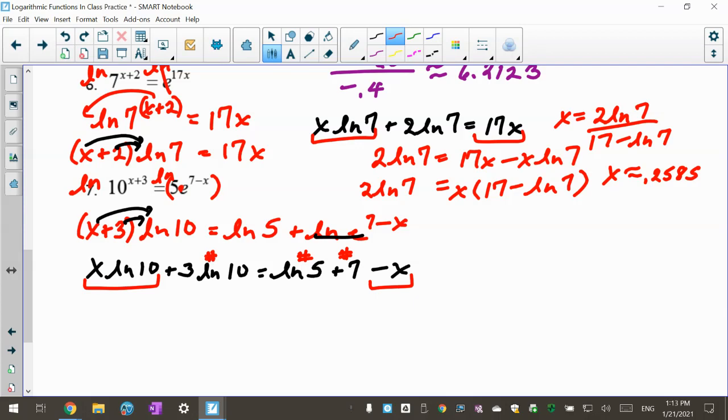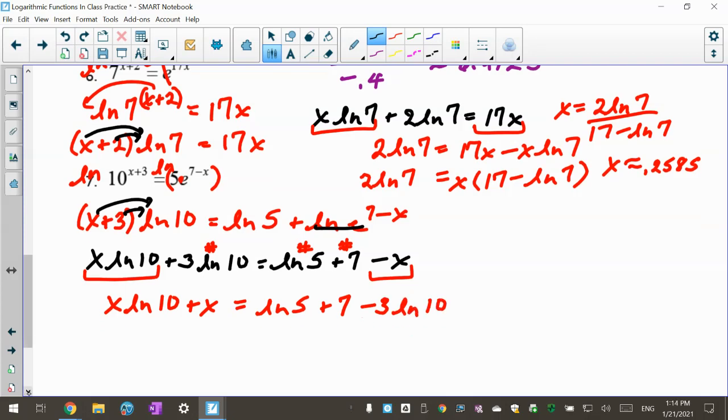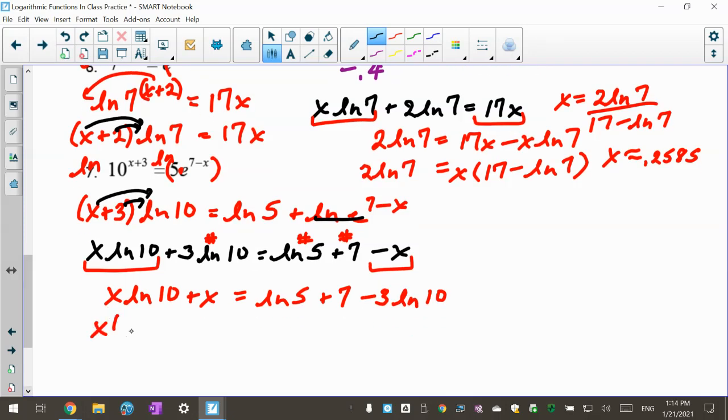So it looks easier for me, I think, to move the x to the left and the 3 natural log of 10 to the other side. So I'm going to do x natural log of 10 plus x is going to equal the natural log of 5 plus 7 minus 3 natural log of 10. Then I'm going to factor the x out and divide by the GLOP. See how we do this over and over again?